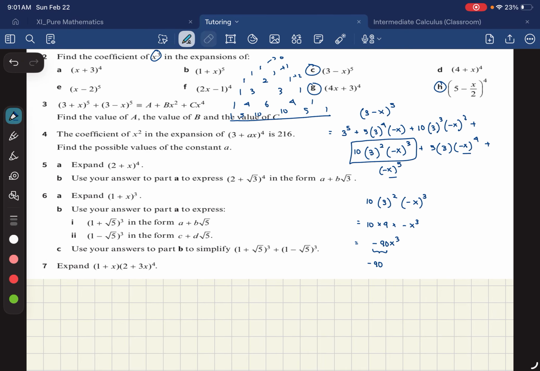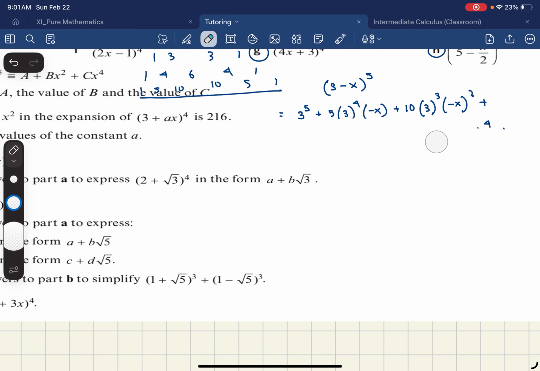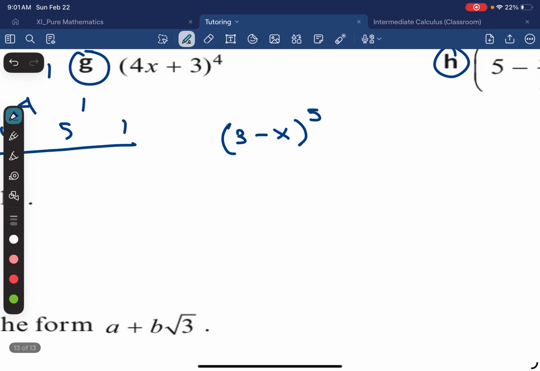That is one way to do it. Another way to do it is that you have 5 things. You have to think of selections. I have 5 things. How many 3's do I want to select so that I get 3 x's, right?